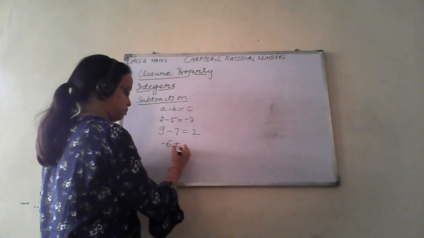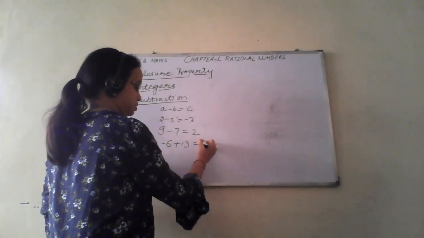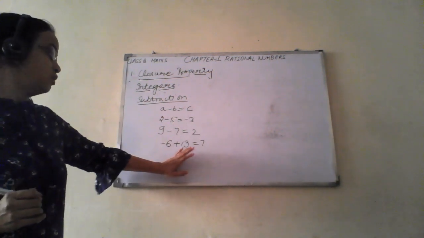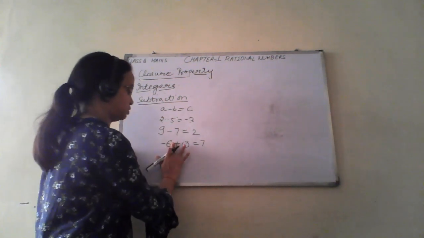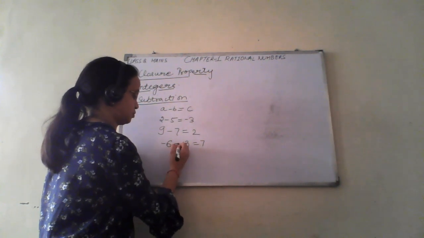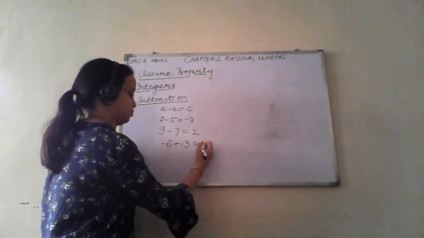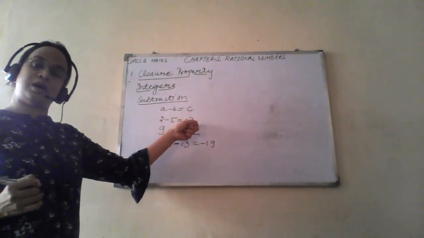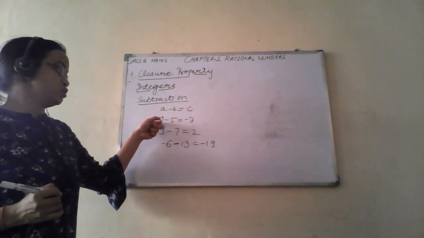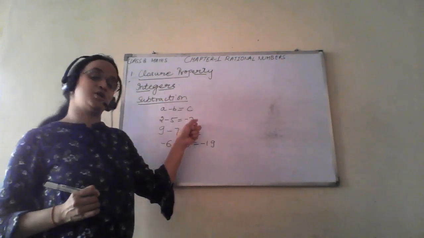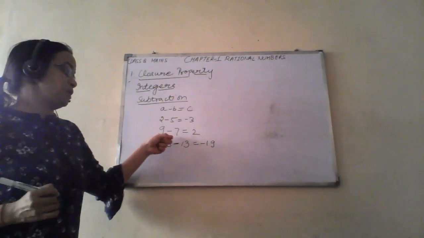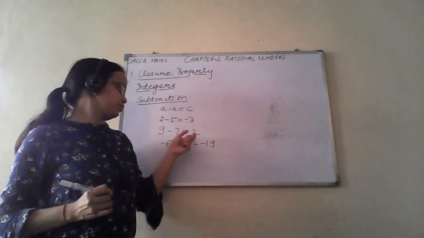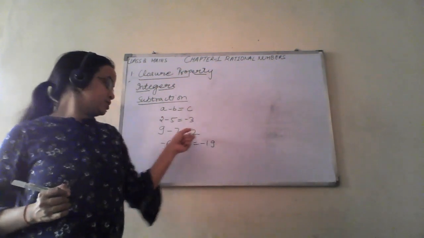Minus 6 plus 13, 7. 2 minus 5, answer is minus 3, where 2 and 5 are integers and minus 3 is also an integer. 9 minus 7, answer is 2. 9 and 7 both are integers and 2 is also an integer.